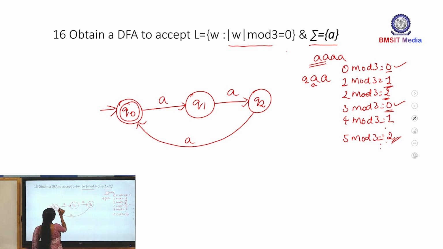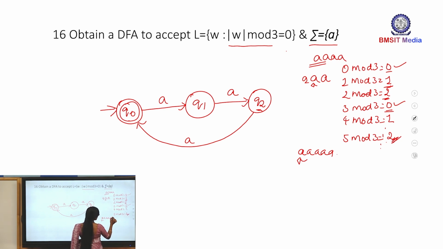Seeing 5 A's: when I see the first A, I reach Q1. When I see the second A, I reach Q2. The third A, I reach Q0. The fourth A, I reach Q1. The fifth A, I am in the state Q2. If I see the sixth A, this should be accepted, so this will reach the final state here.